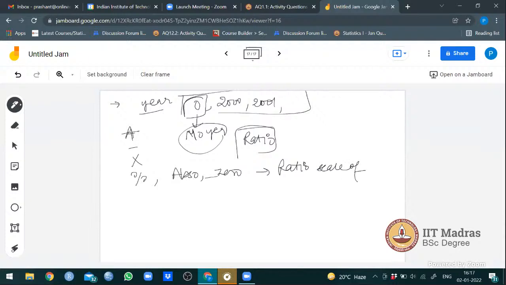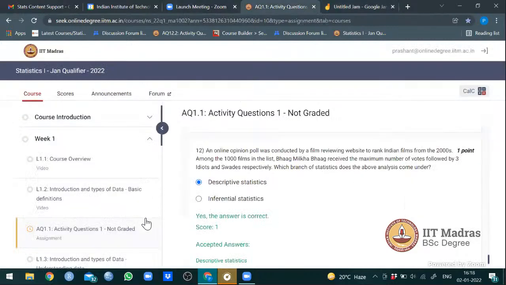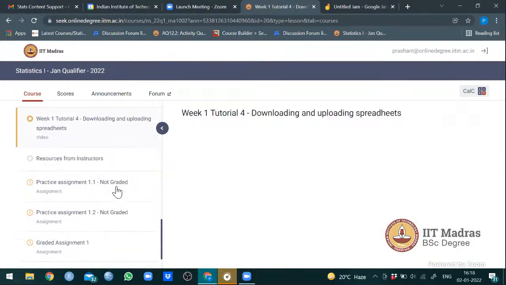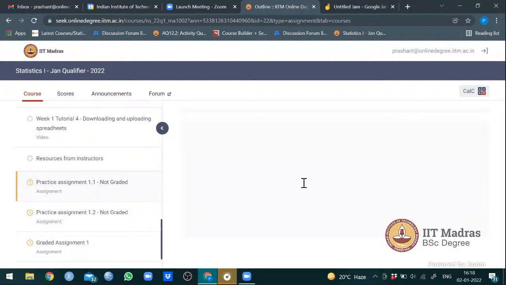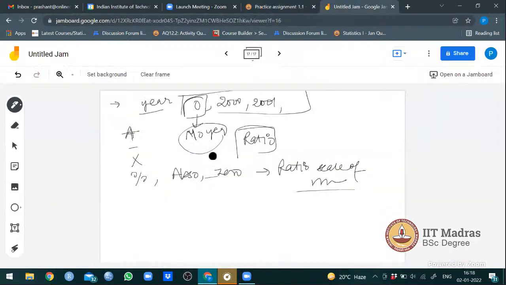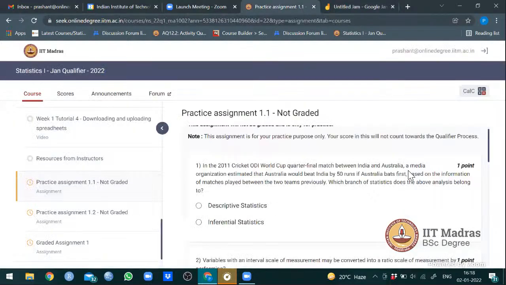But sir, in practice assignment 1.1 question number 4, it is not correct there. I said it will depend on the data also. Sir, we cannot perform division on year. In general, we can't say year comes under ratio, but it depends on the data. Which question are you referring to? The fourth one.